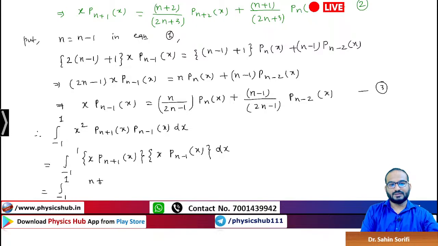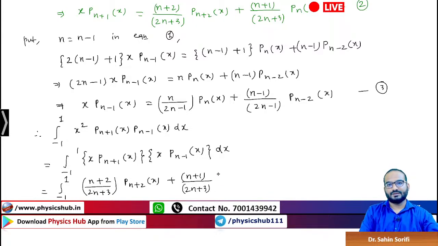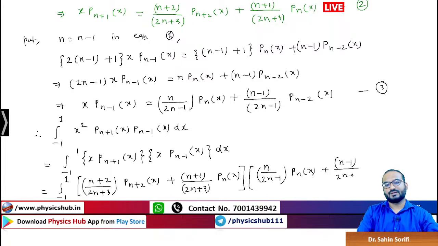So n plus 2 by 2n plus 3 Pn plus 2(x) plus n plus 1 by 2n plus 3 Pn of x, and this value n by 2n minus 1 Pn(x) plus n minus 1 by 2n minus 1 Pn minus 2, dx.